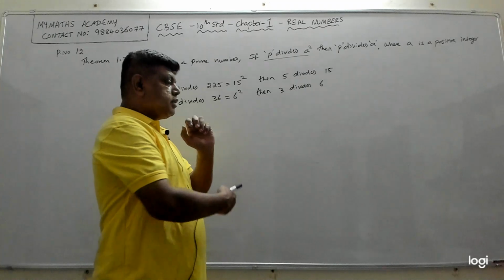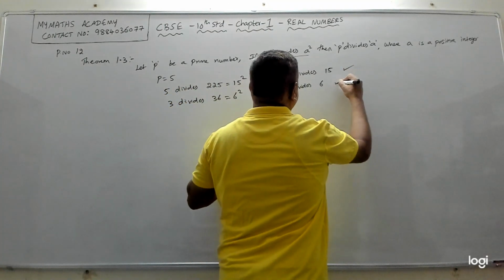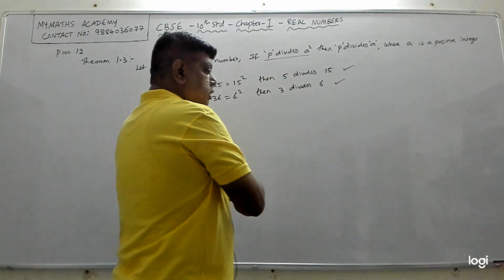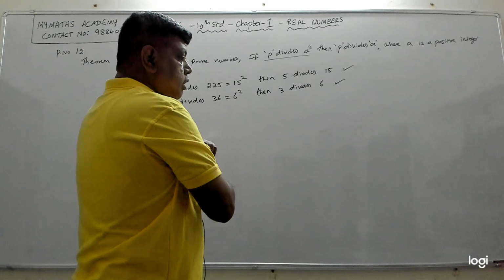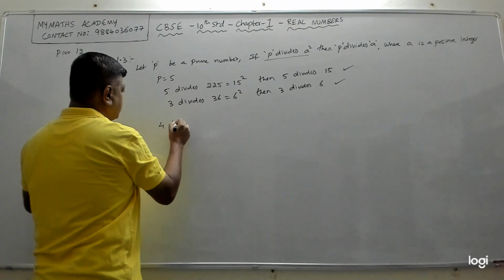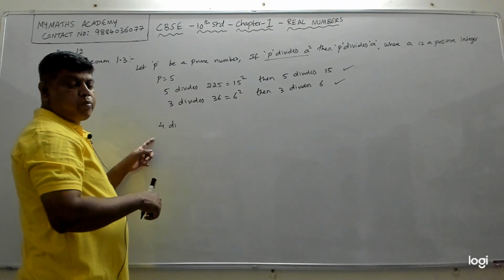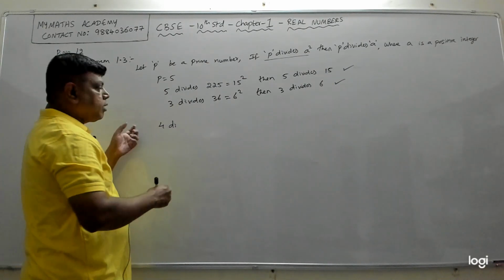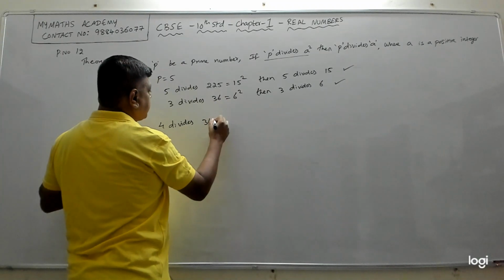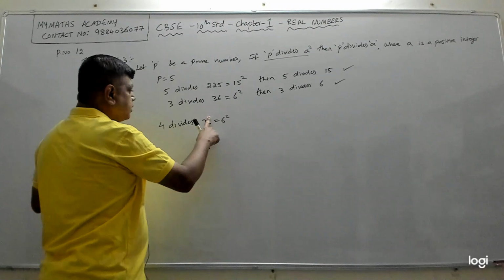Let's take an example where it is not true. So here it is true, here also it is true. But suppose we take 4 divides 36. I'm writing a condition where it will fail because 4 is not a prime number. 4 divides 36, the same 36 which is 6 square, because 4 nines are 36.